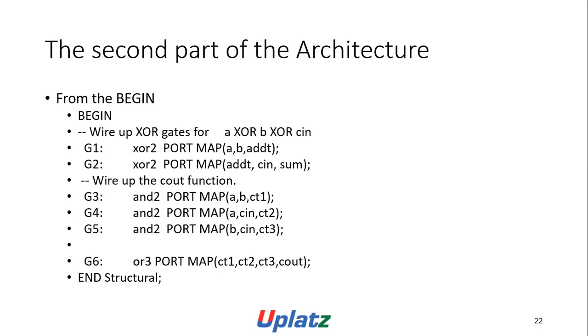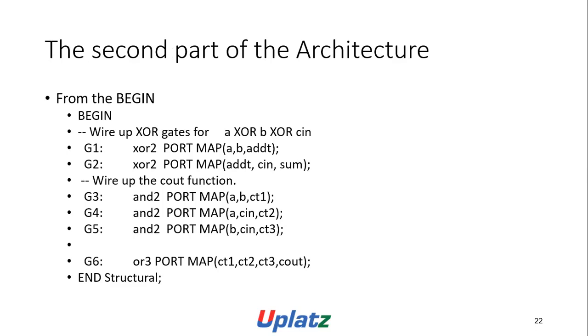The second part of the architecture, from the begin: wire up XOR gates for A XOR B XOR C in. G1 is XOR2 port map A, B, ADDT. G2 XOR2 port map ADDT, C in, sum.